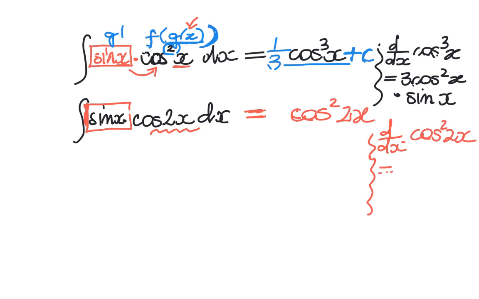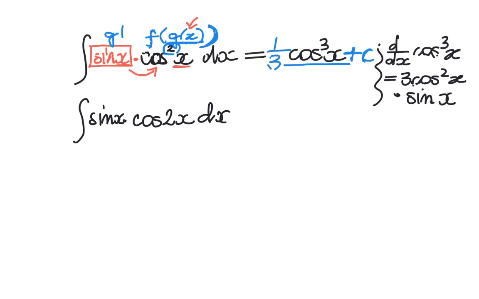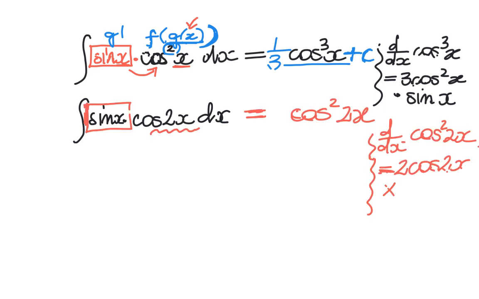It will be 2 times cos of 2x times the inner derivative of cos of 2x, which is sine of 2x, and then it still will be times 2. And that's the problem. Here you've got sine of 2x, where here it's only sine of x. So this is not an inner derivative.